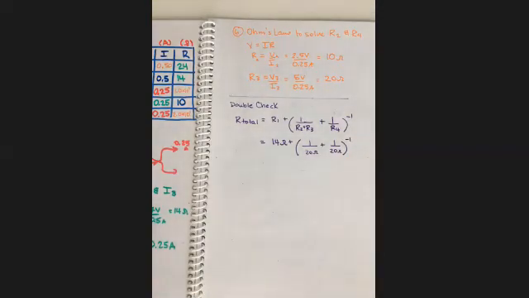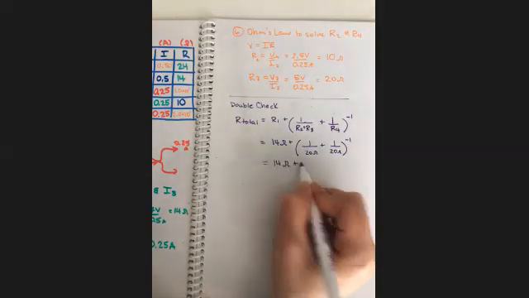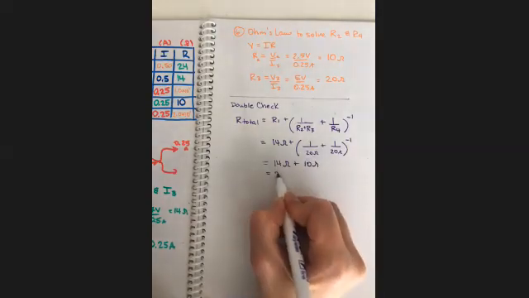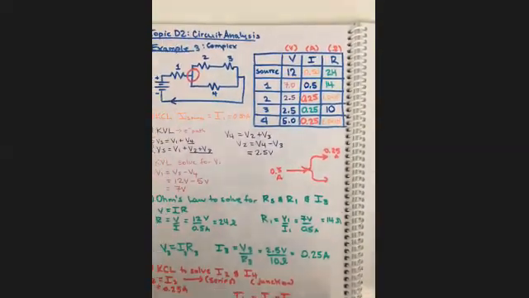So 1 divided by 20 plus 1 divided by 20, which is 10, plus 14 is 24. Excellent. So our answer was 24 ohms, and we did find 24 ohms through another route.